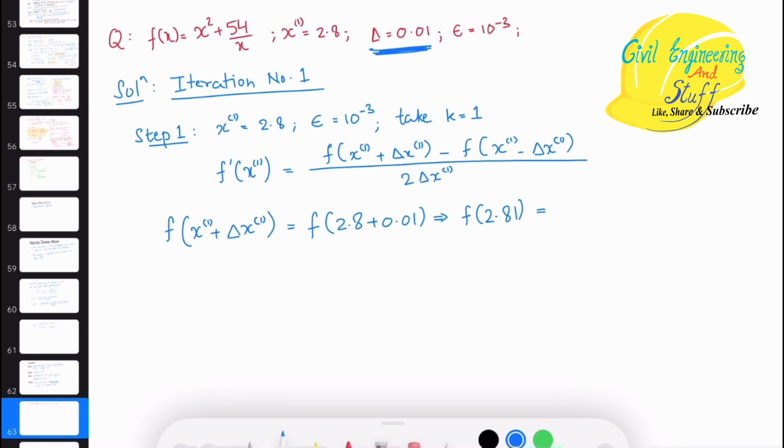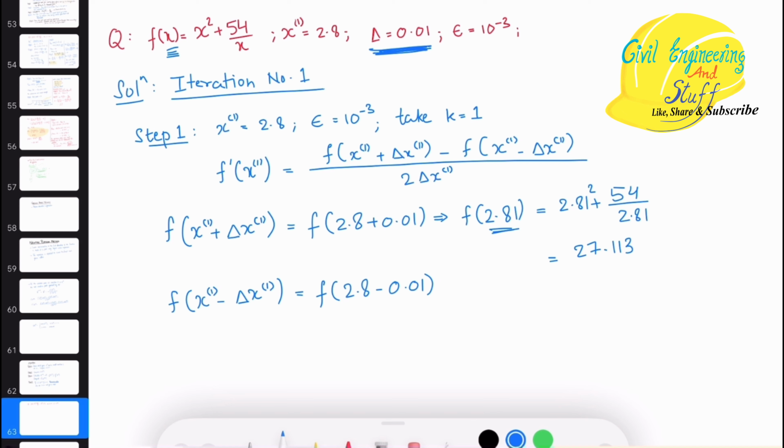We'll put the value 2.81 in the function: 2.81 square plus 54 by 2.81. Solve it to find out the value. The value will be 27.113. Okay, f of x1 minus delta x1 is equal to f of 2.8 minus 0.01, right?